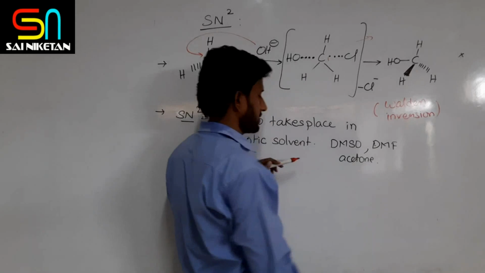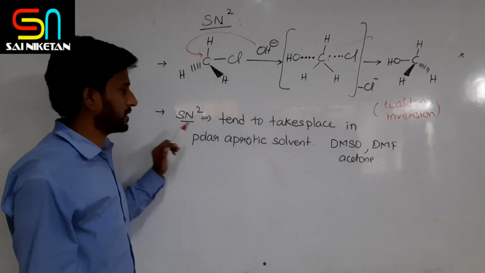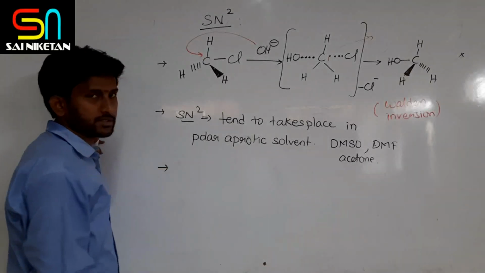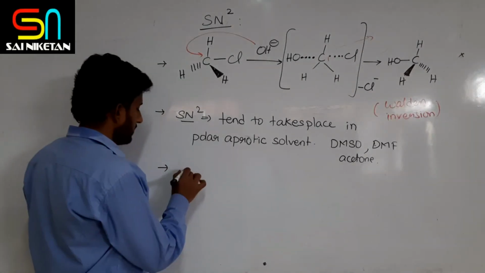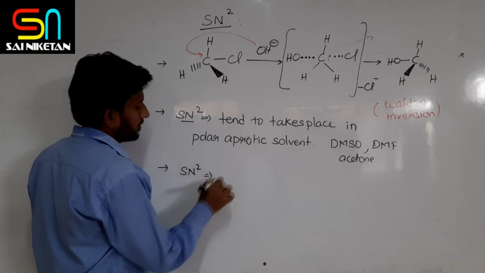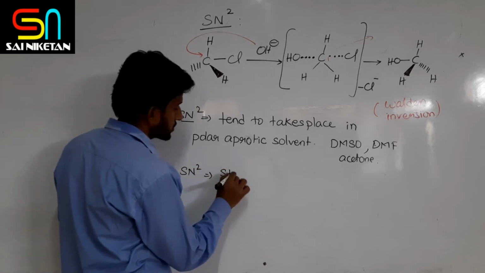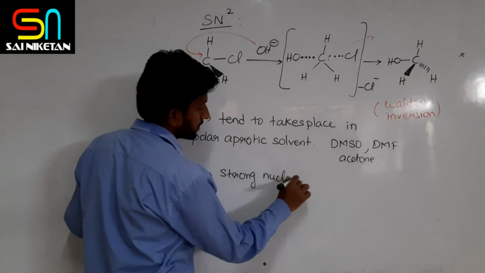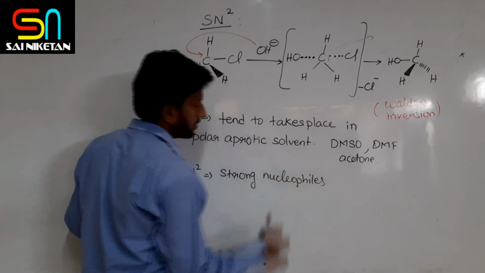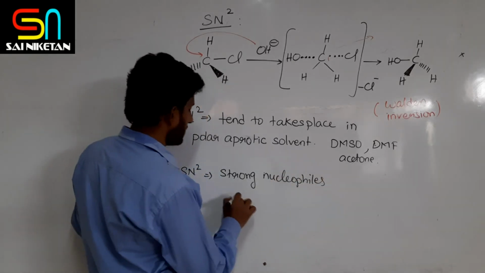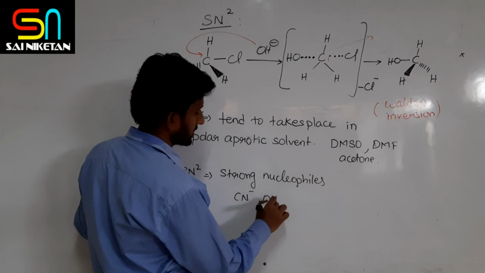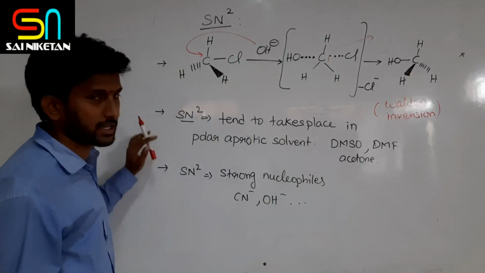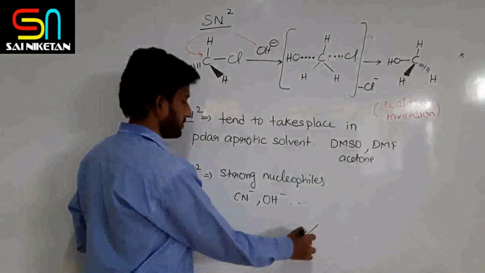These are some solvents. Basically SN2 takes place in such polar aprotic solvents. That is one of the conditions. Similarly, SN2 is favorable with strong nucleophiles. Whenever strong nucleophiles are present, then SN2 is favorable. Example, cyanide ion, OH minus ion, etc. So with strong nucleophiles, the SN2 mechanism is predominant.